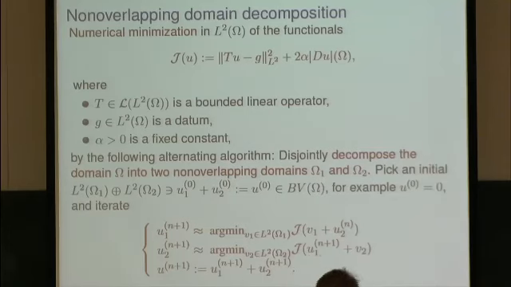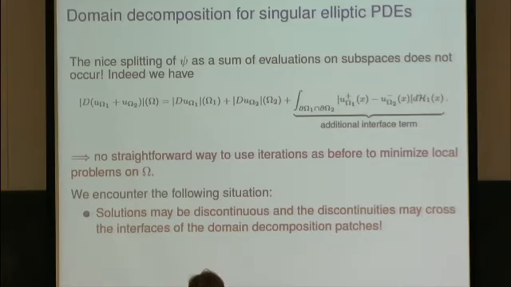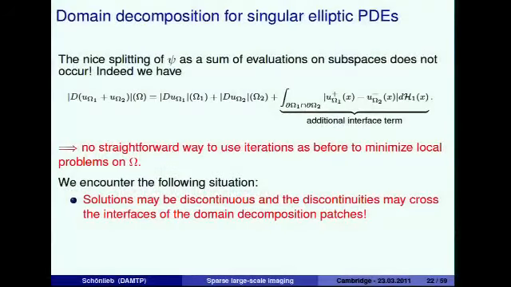This is also something that comes out from the convergence result, because you want your functional J to be monotonically decreasing. So anyway, now with total variation minimization, we don't have this nice additivity property anymore, and actually it makes sense that we don't have it, because we somehow have to capture what happens across the interface.